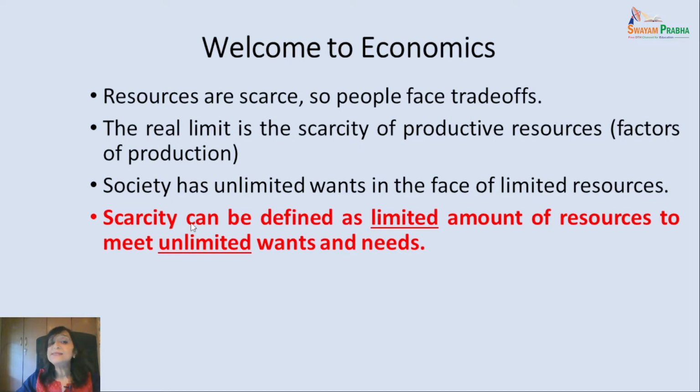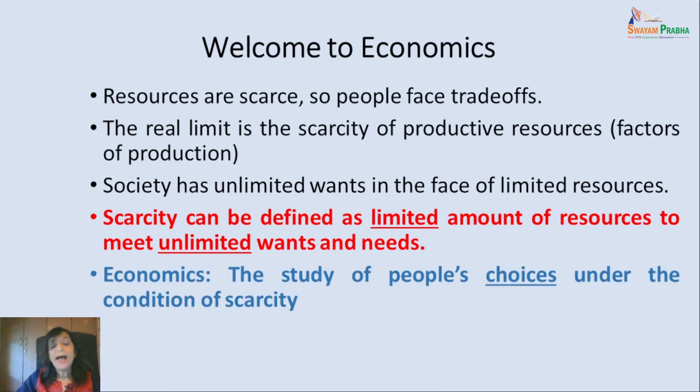That is, scarcity is where a limited amount of resources is going to be used to meet the unlimited wants and needs of the society. And if we want to understand economics, we need to see that economics is a study of people's choices under conditions of scarcity. It is accepted that there is a scarcity of resources. It is also accepted that people have unlimited wants. So how do people make choices? How do they choose, with this limited resource, how to satisfy their wants?